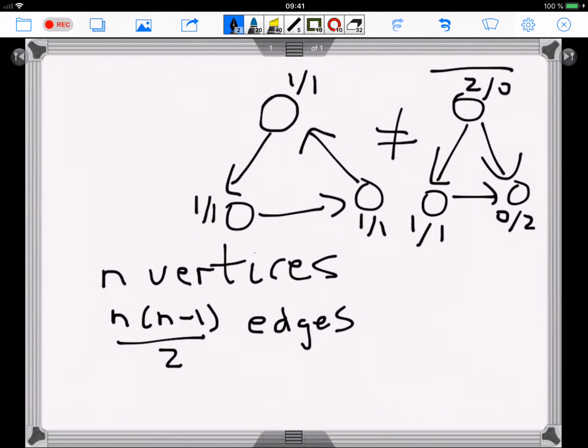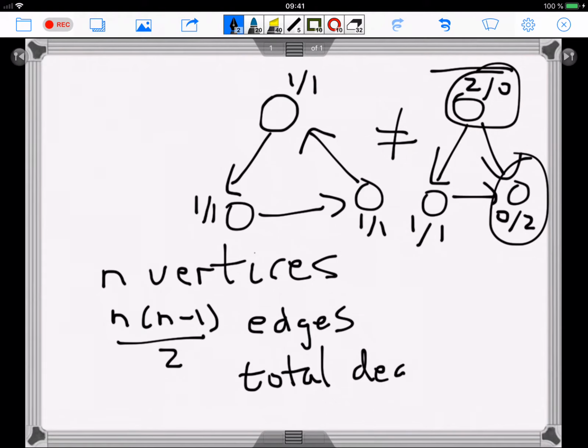Maybe we do not have edges that go out or edges that come in, like in these two cases here. But we also know that the total degree, that is the sum of the in degree and the out degree, is always n minus 1.